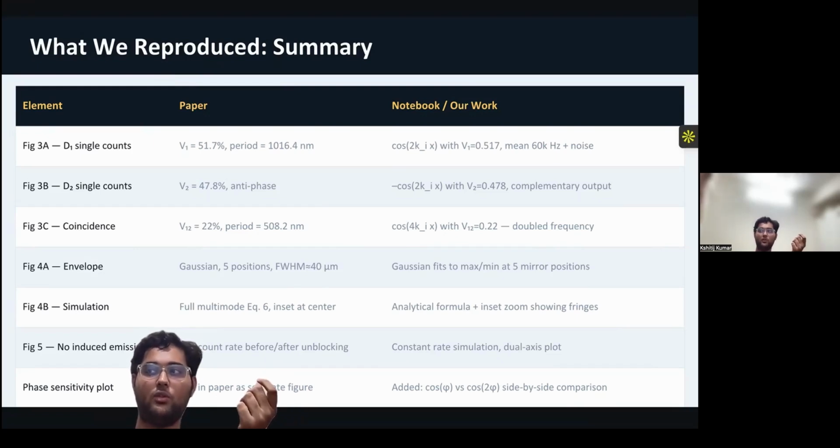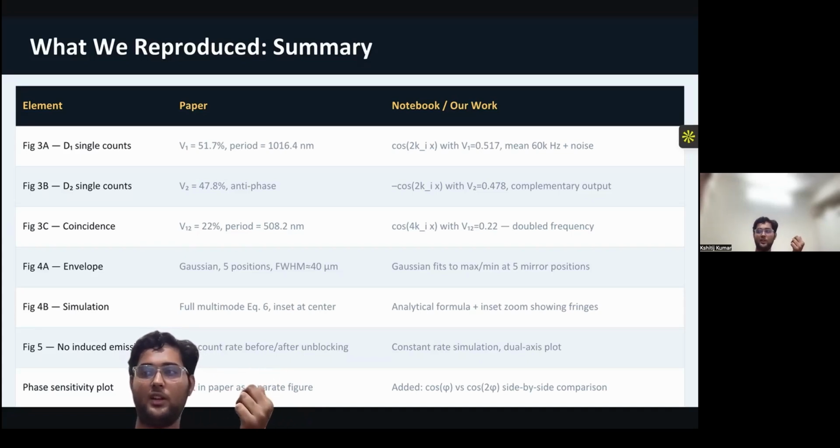For figure 4, the coherence envelope, we implemented the full multi-mode formula, equation 6, and reproduced the Gaussian fall-off. We also derived analytically why the envelope has to be Gaussian, and identified why the naive bandwidth estimate of 96 microns doesn't match the 40 micron full width half maximum. The phase matching bandwidth of the BBO crystal is the additional constant the simple calculation misses.